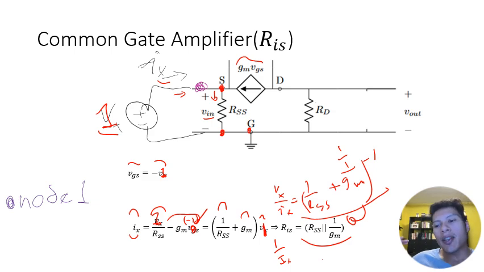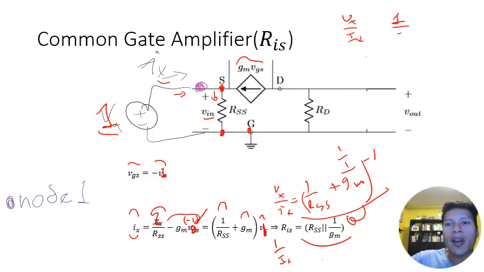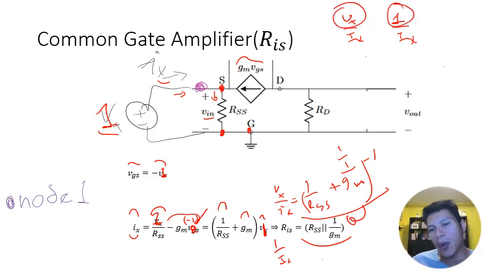So it doesn't matter whether you plug in Vx or Ix or 1 as your test source, as long as your output is Vx over Ix or 1 over Ix. So this is if the test source is Vx and if the test source is 1, you will always get the right answer for your input resistance. Okay, so that concludes our common gate analysis. So I'll summarize the results in the other slide.